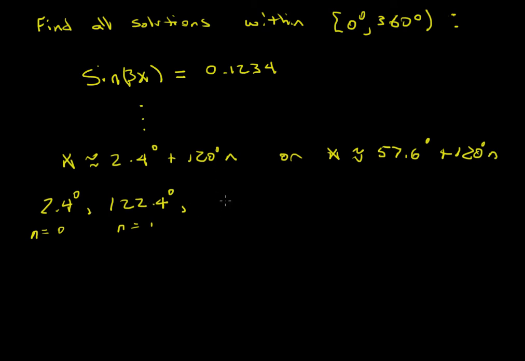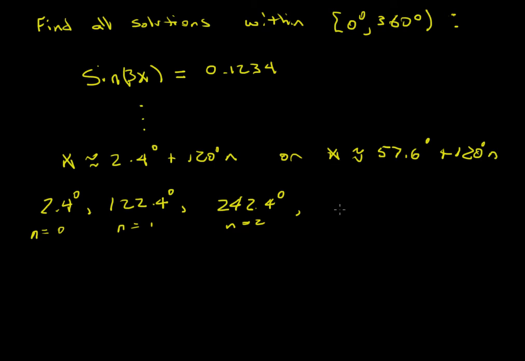If I add another 120, we would have 242.4 degrees. So there's your n equals 2. If we add another 120, we're going to be beyond 360, and therefore for this left equation there are 3 solutions. And we'll also get 3 solutions for this equation on the right.